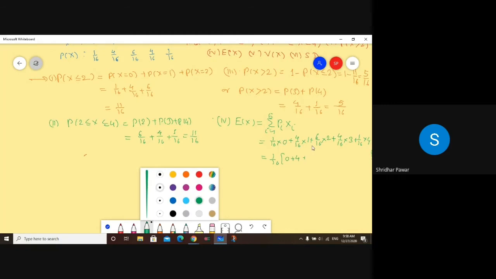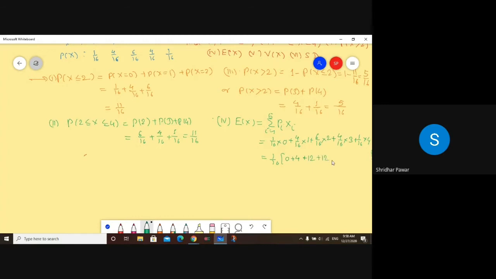So see here. So this is 1 by 16 is common. So this is 4 plus 12 plus 12 and plus 4. Right? So this is 32. So therefore expectation of x is 32 by 16, that is 2.